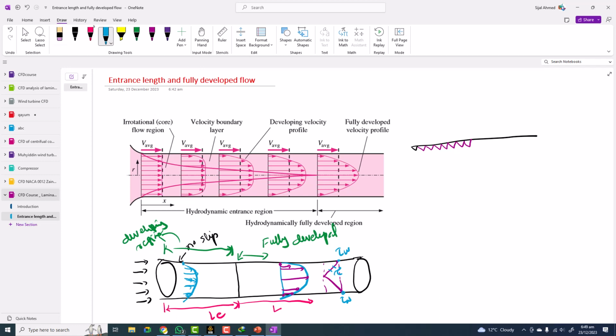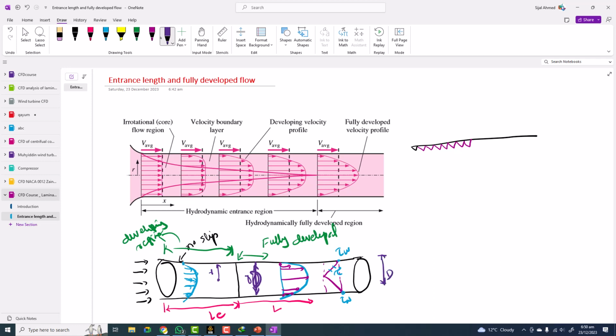Okay, now mathematically, what does it mean? This means that now the velocity is no longer a function of the axial component. It's not a function of the length. Its profile only depends on the radius, which is here. Sorry, this half value will be the radius, and completely this will be the diameter.